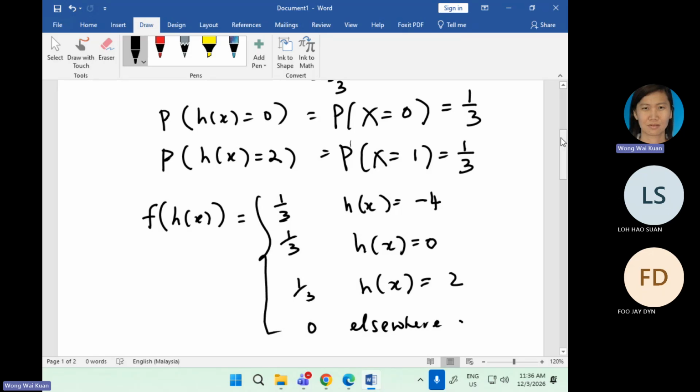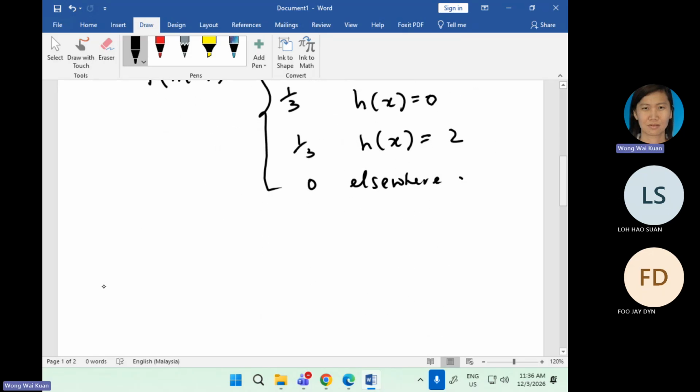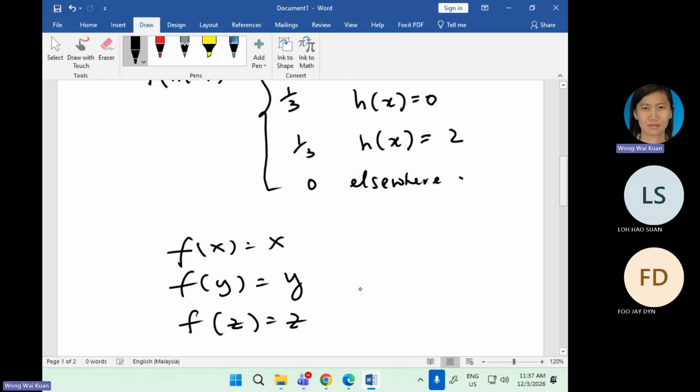Okay, now we look at the function. Isn't it, when I have f(x) equals x, I write it as f(y) equals y. It's the same thing, right? So if I put f(z), then this is equal to z, right?